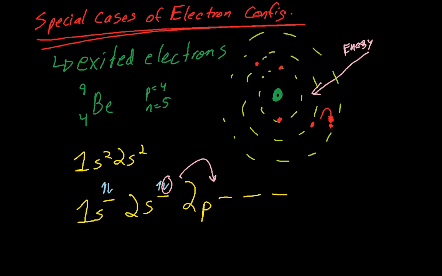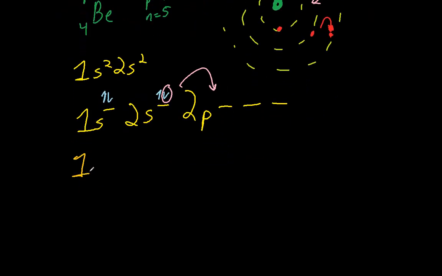And now we have 1s, 2s, 2p. Now we have 2 separate electrons, and so the energy is used to pop that electron into a different energy level.